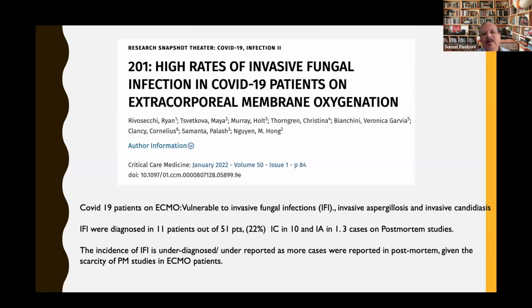COVID-19 patients were vulnerable to invasive fungal infections such as invasive aspergillosis and invasive candidiasis. They were found in 22% of patients in one study, and in 1 in 3 cases in postmortem studies.